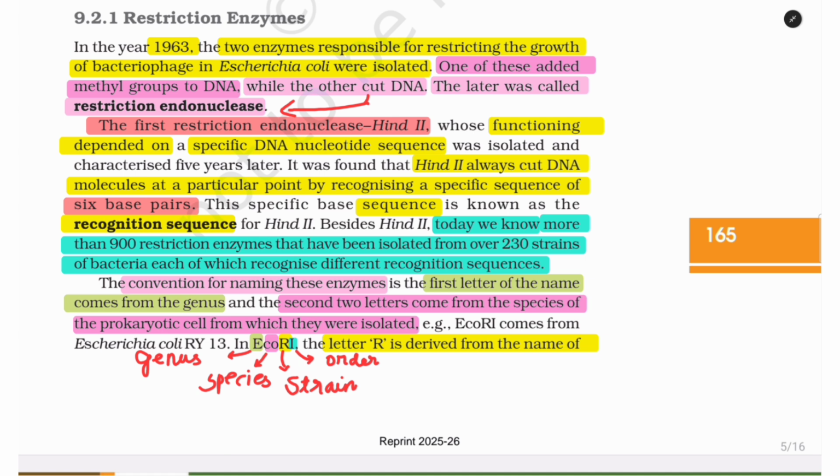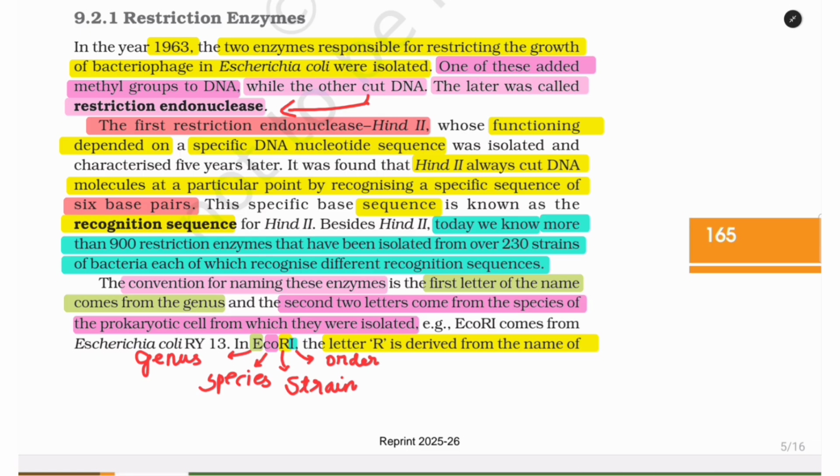The first restriction endonuclease, HindII, whose functioning depended on a specific DNA nucleotide sequence, was isolated and characterized 5 years later. It was found that HindII always cut DNA molecules at a particular point by recognizing a specific sequence of 6 base pairs. This specific base sequence is known as the recognition sequence for HindII.